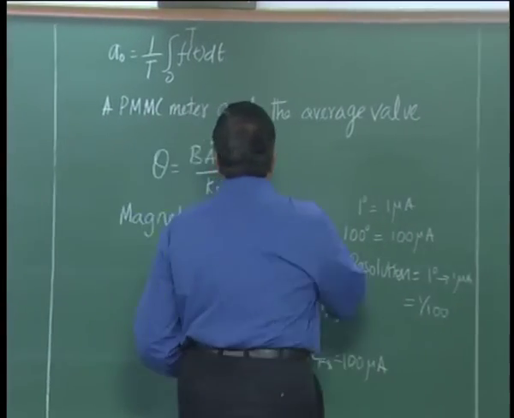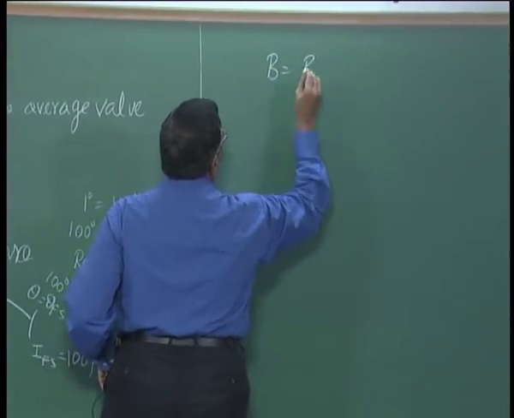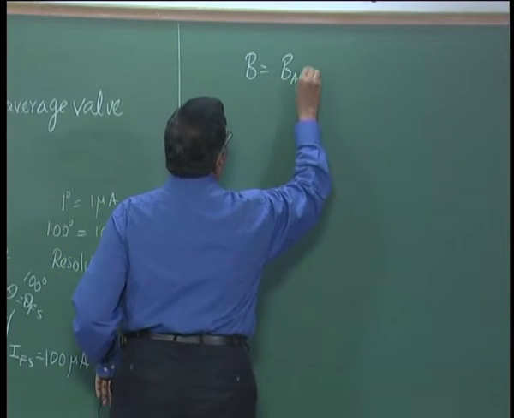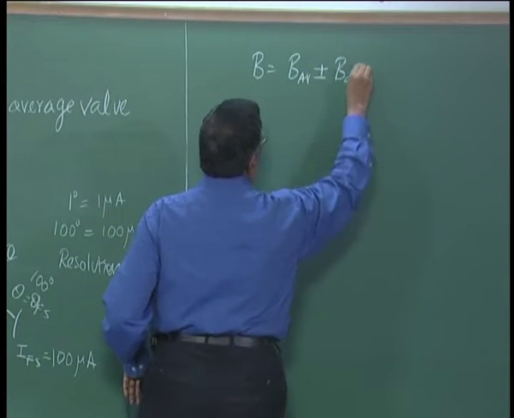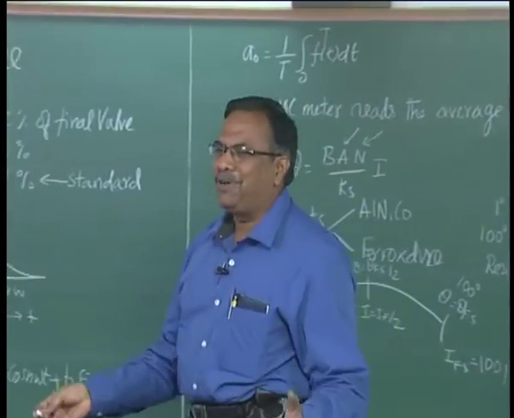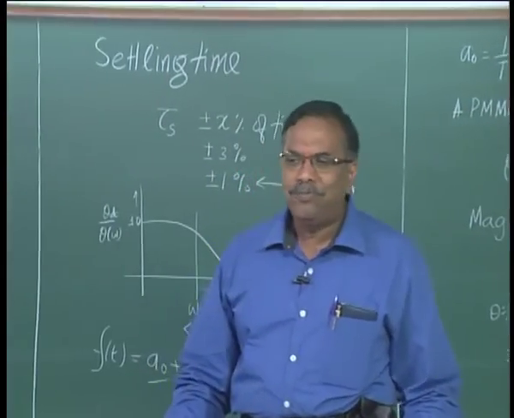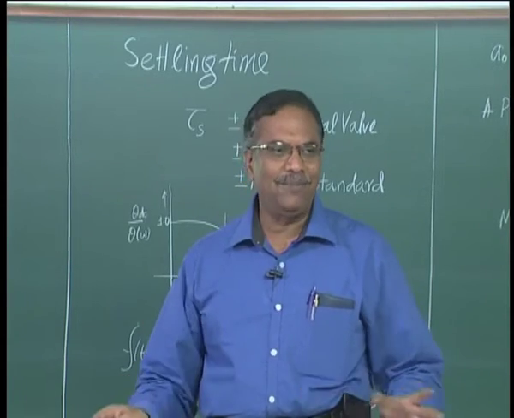So my B is going to change, some B average plus or minus B deviation. Coil I can make it perfect. When I say I am going to put 50 turns in my coil, I can count exactly 50 turns, I cannot make any mistakes.